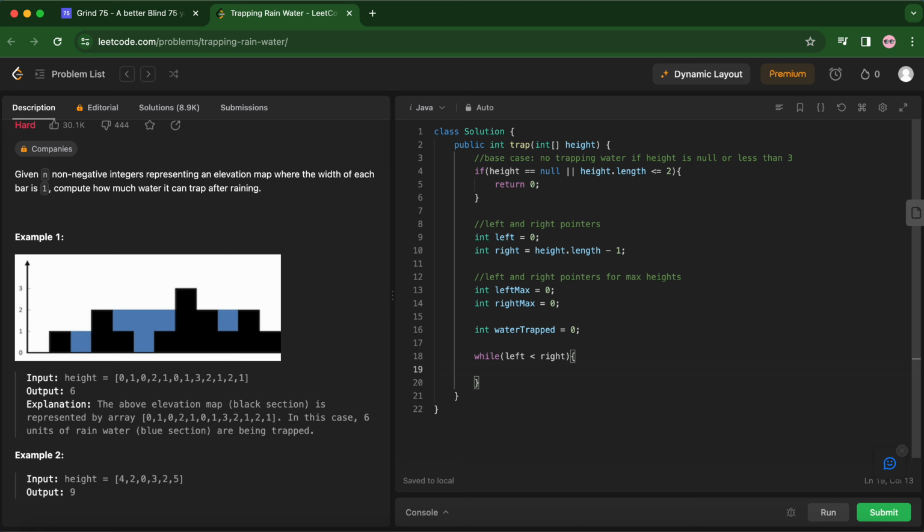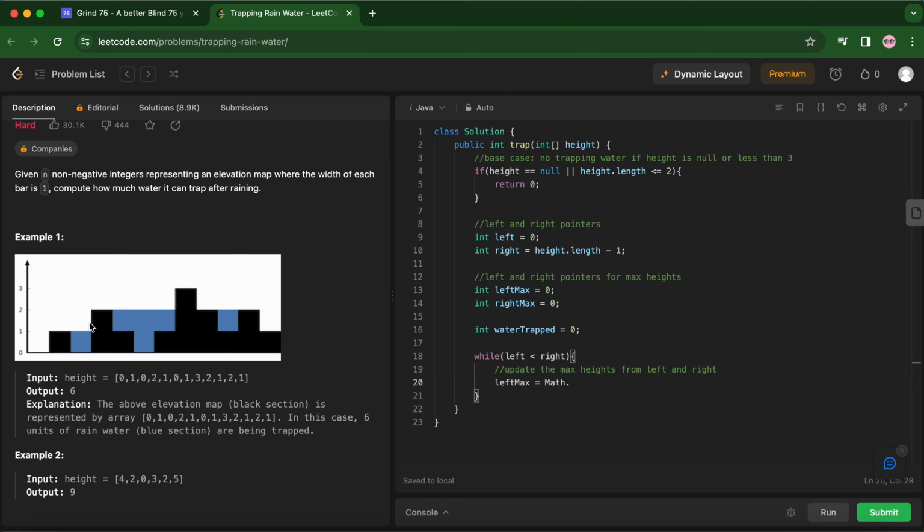Now we will start with our iteration while left is less than right. So we'll check a few conditions. First we'll update our maximum heights for the left max and the right max. Left max is equal to, what will be the height of left max?